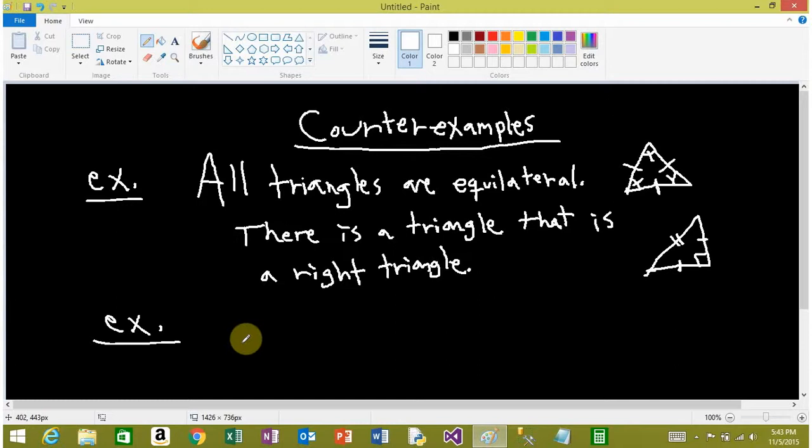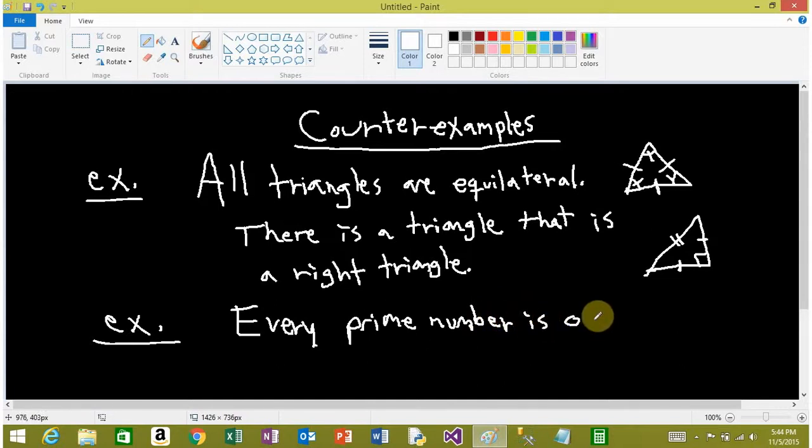So let's talk about prime numbers. Someone may claim that every prime number is odd.